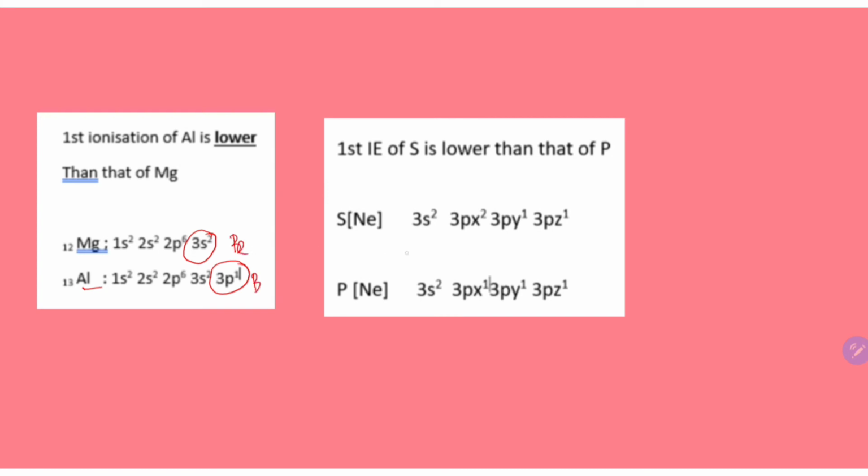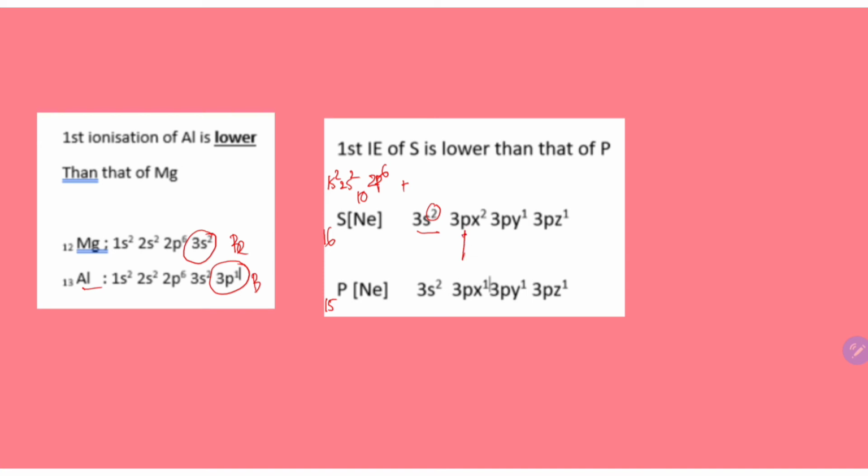For this one, phosphorus number 15, sulfur number 16. Then neon has 10 electrons, until 2p6: 1s2, 2s2, 2p6, and then continue with 3s2, so 12, and the rest is 4.